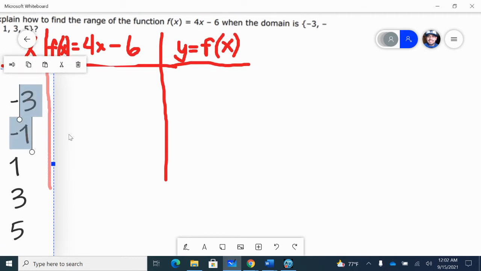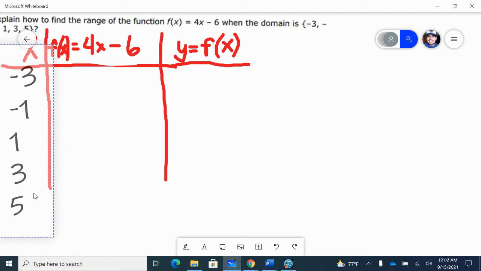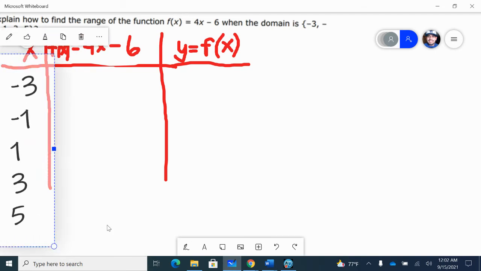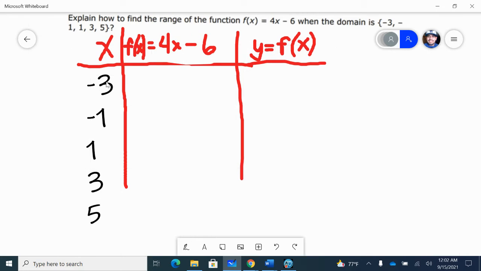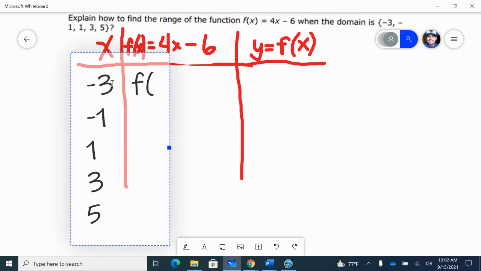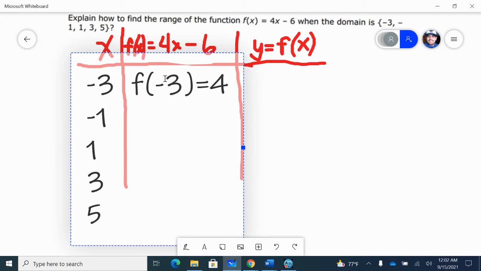Now, again, I'm not saying, and maybe it was the problem's fault, for not being specific enough, but we take our inputs and what do we do? We plug them in, right? So in this case, what some of you guys did, which was really nice, was you actually went ahead and did this -3 equals, and then you said, well, if x is -3, and again, I'm kind of running out of room here.